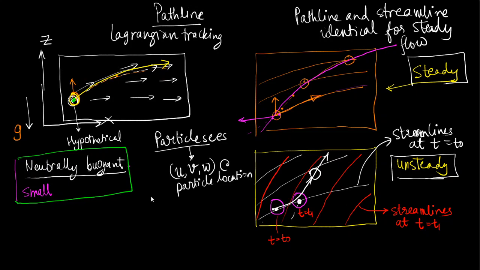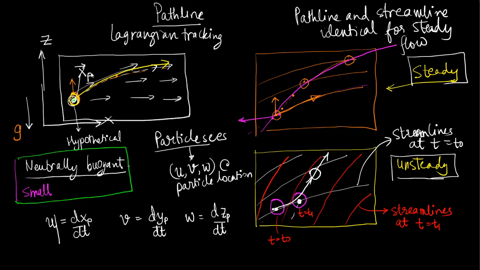So at this particle location, U will be dx/dt of the particle, so I will call it P. V will be dy/dt of the particle, and W will be the dz/dt of the particle. So UVW sampled at the particle location. So let me define the particle location as the vector x_P. x_P stands for x particle, y particle, z particle.